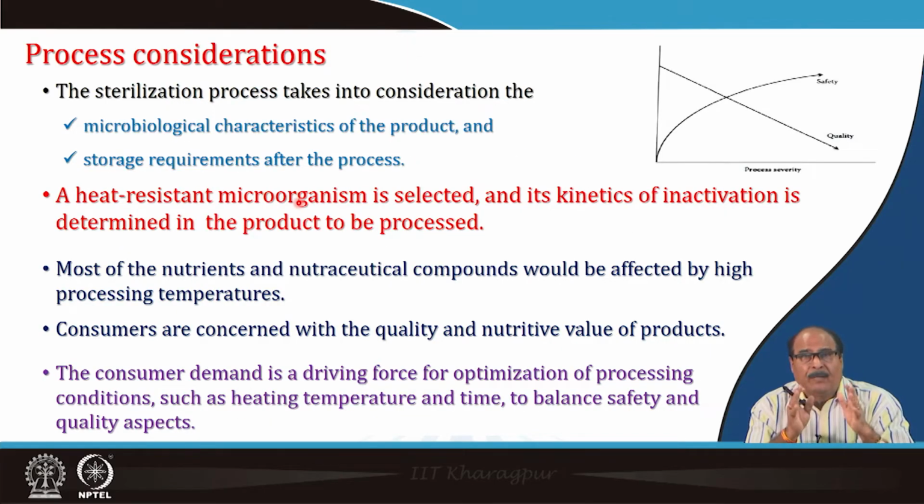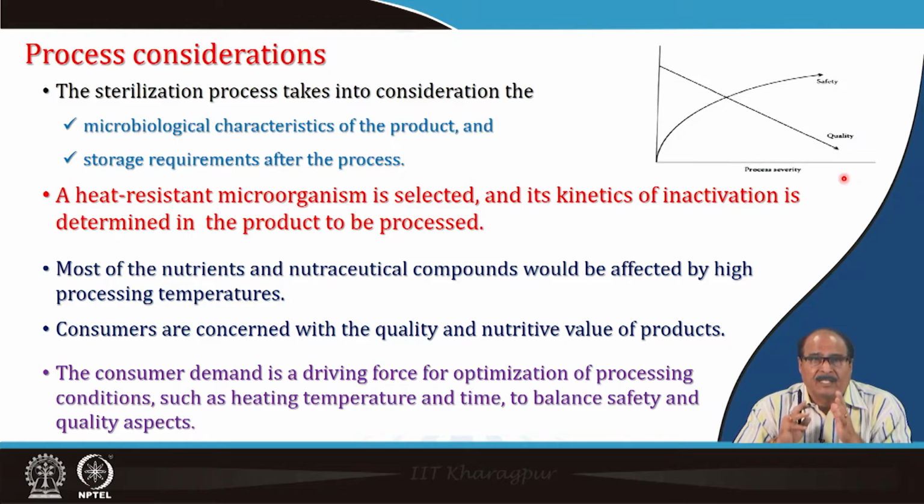Okay. So, in the process consideration, like in the earlier classes we saw, the process severity is directly proportional to the safety and the quality of the product. If you use a more severe process, then it will reduce the quality of the processed product.